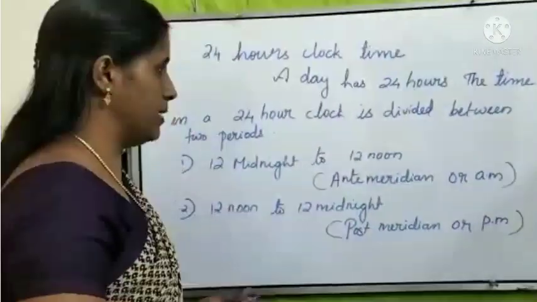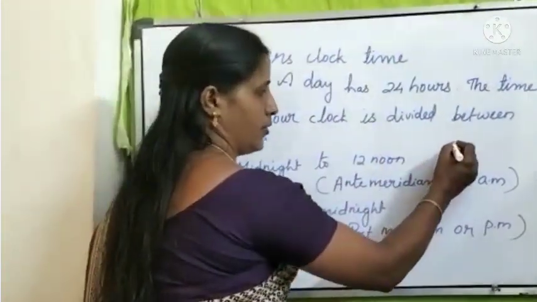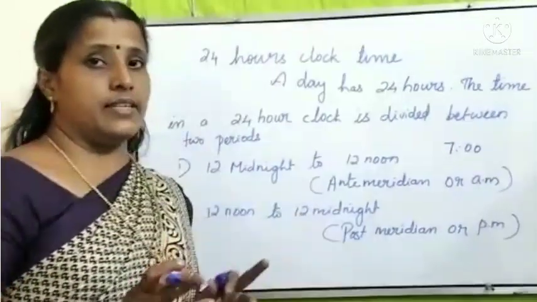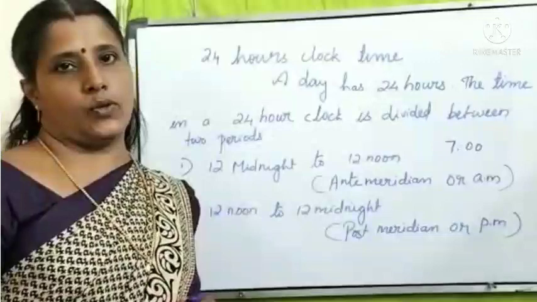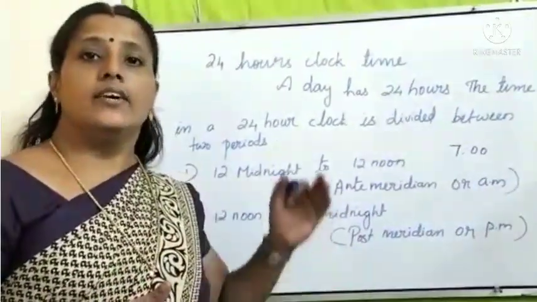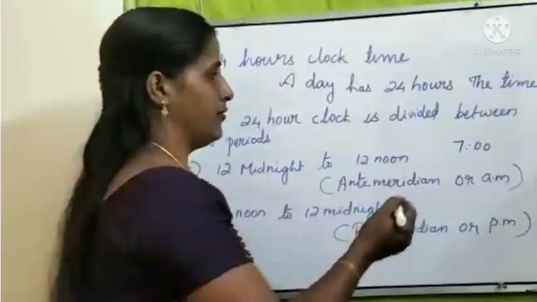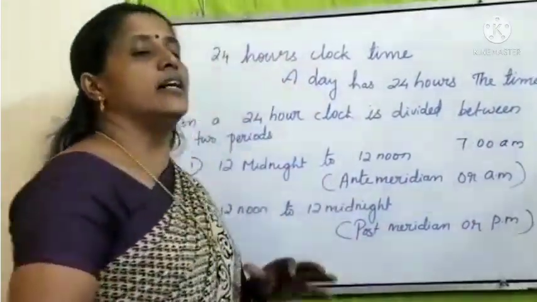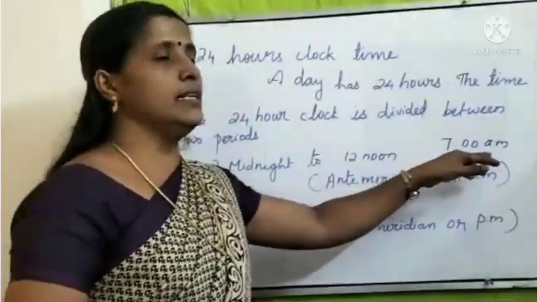For example, if it is 7 o'clock in the morning, we write 7 o'clock, but 7 occurs two times in a 12 hours clock. So we need to identify which time we mean, and we mention AM. So we know that this is the morning time.